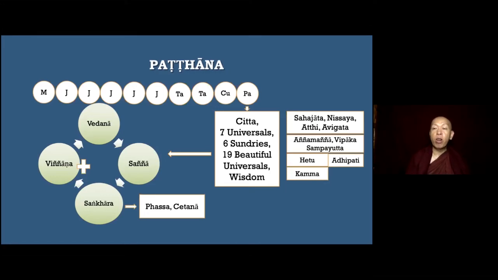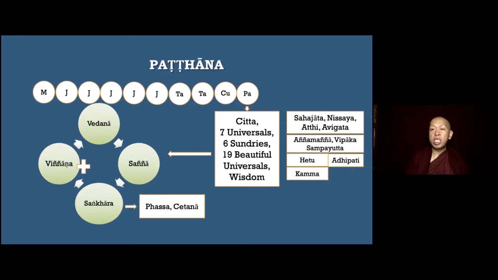Phassa is a nutriment for feeling. Then we have chetana. We also say kamma, right? So chetana will produce our life. That means when we have chetana, we may have new kammas. It will produce new life. This is also nutriment for kamma.